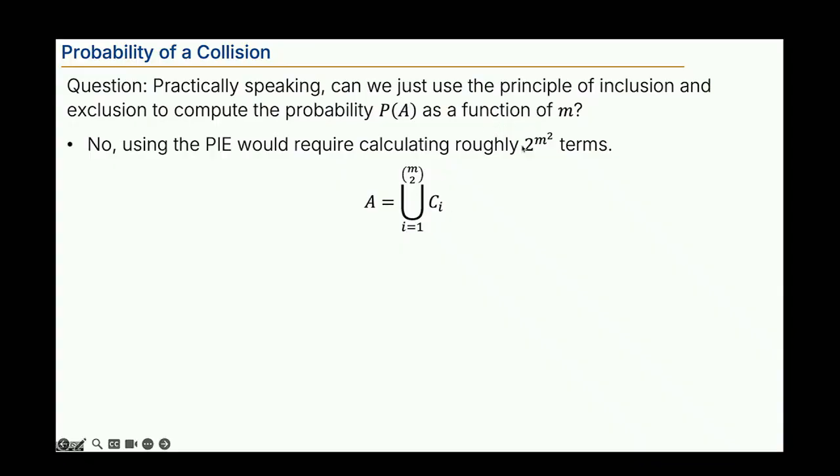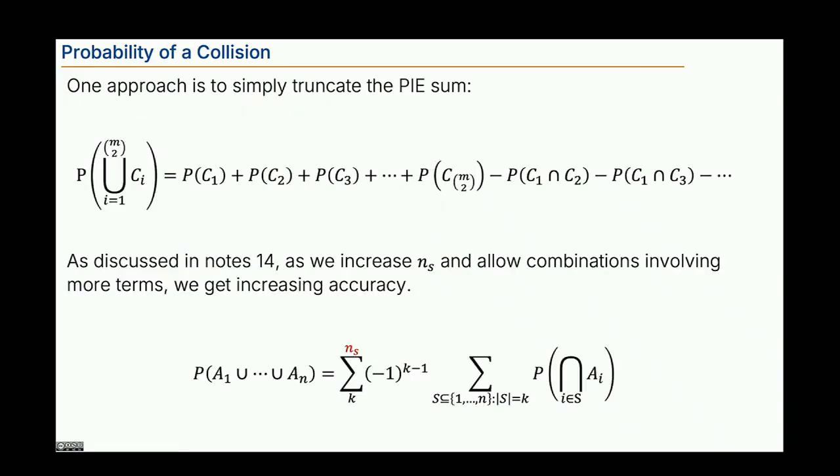Point being, there's a whole lot of terms. If you were to write out these terms for just a small number of balls, you have a lot of different pairwise combinations, and then you need to consider all the possible inclusion-exclusion combinations of those.